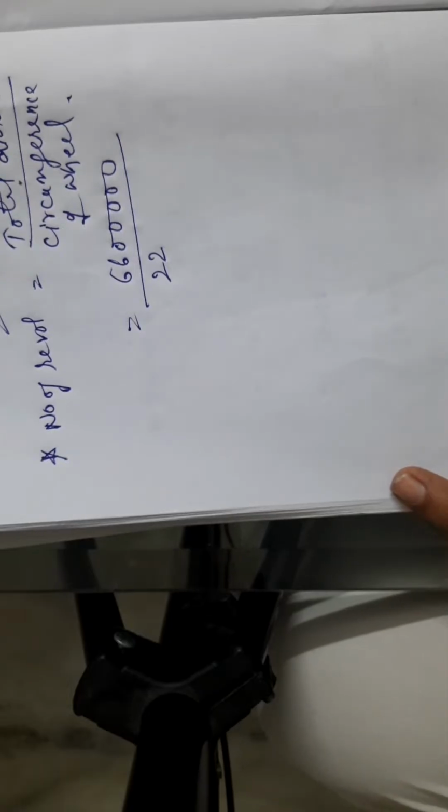Here it is given: the wheel of diameter 80, how many complete revolutions will it make in 10 minutes when the car is traveling at 66 kilometer per hour. In 10 minutes, what number of revolutions?